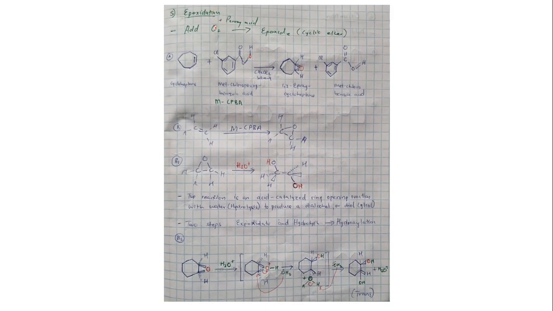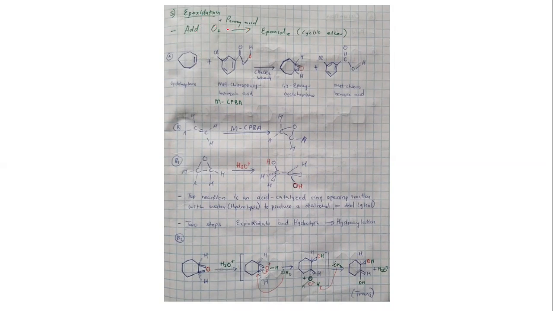Now let us have a look at an epoxidation reaction and how it takes place. During an epoxidation reaction, we take an alkene and add an oxygen onto the alkene molecule.